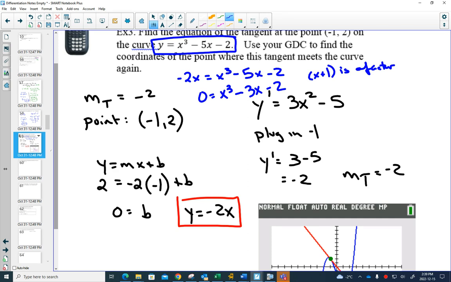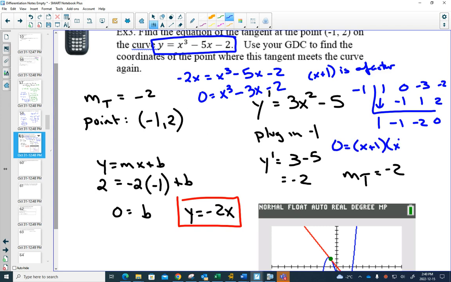So if you did your synthetic division, you'd have a -1 out here, 1, 0, -3, -2. Oh, the memories. It would factor to that, and then this would factor some more.